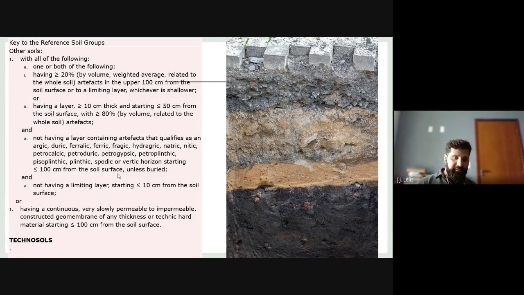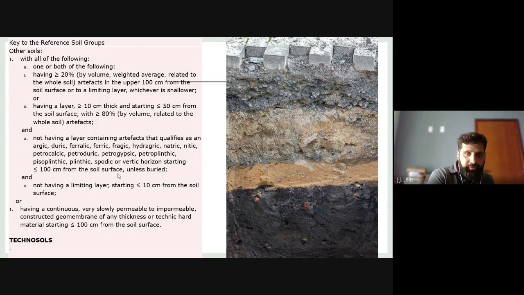So I can see a technosol in an area where we have a very slow migration of water because of the action of humans, okay, a constructed membrane, or even the introduction of technic hard material, that are artifacts created by humans, within 100 centimeters from the soil surface.